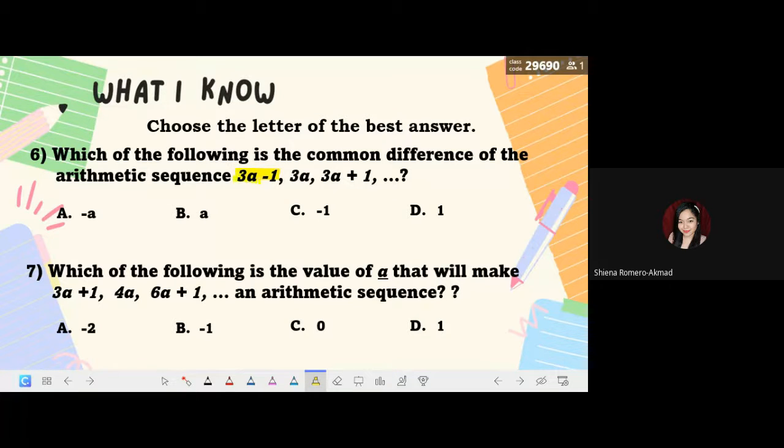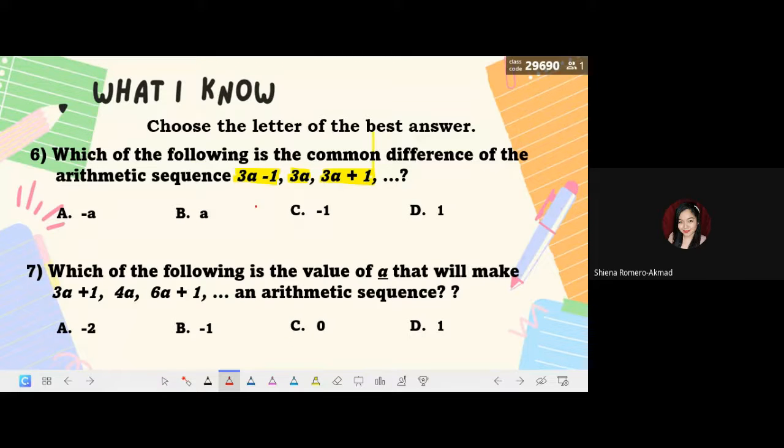I-highlight lang natin para aware kayo na yan ay isang term. Ito naman yung pangalawang term at ito yung pangatlong term. Okay. So what do you think is the common difference, just by looking at the given terms dito sa ating sequence? Ano ba yung pagkakapareho nila? Ano ba yung pagkakaiba nila?